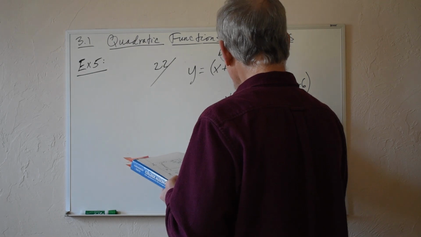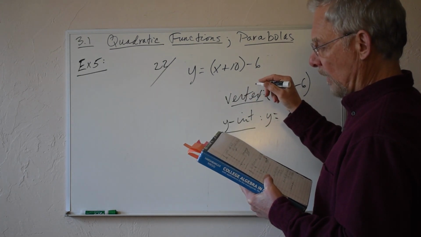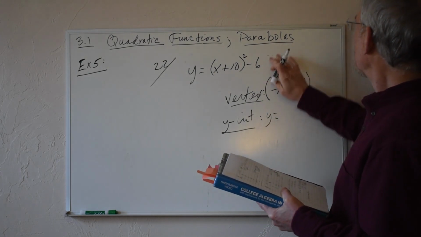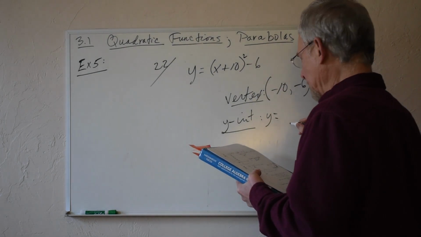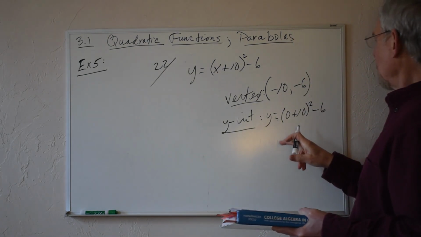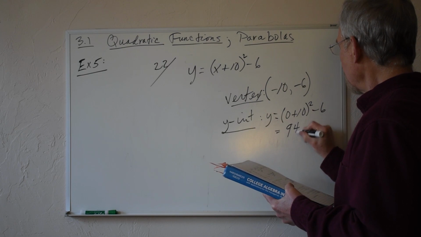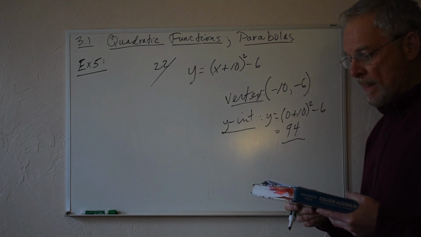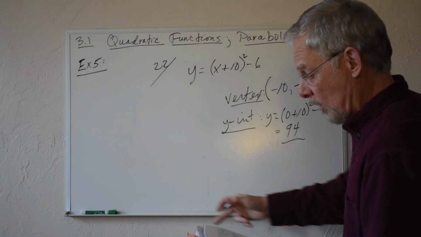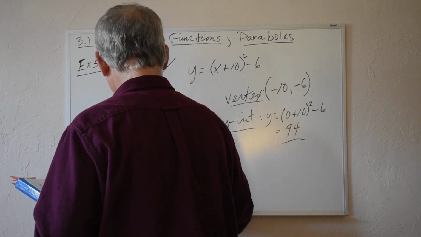Y-intercept. Well, I just put x into this. By the way, I forgot my exponent again. I just did that earlier today. Let's get my exponent back in there. So I replace x with 0, and this number here evaluates to 94. A is the invisible 1, it's a positive number, so the parabola opens upwards, and our graph would look like this.